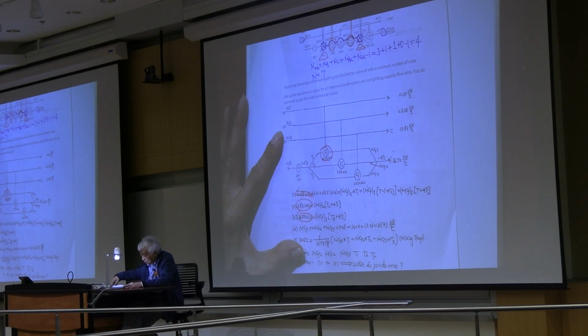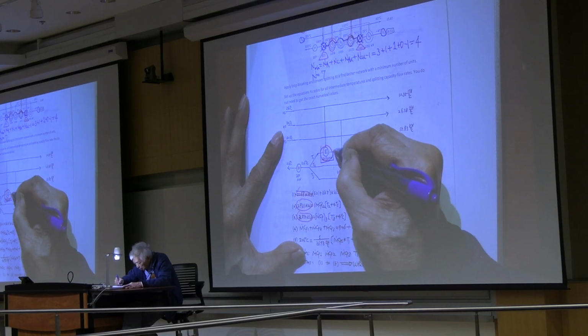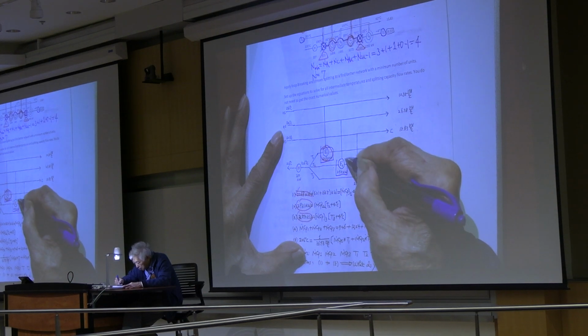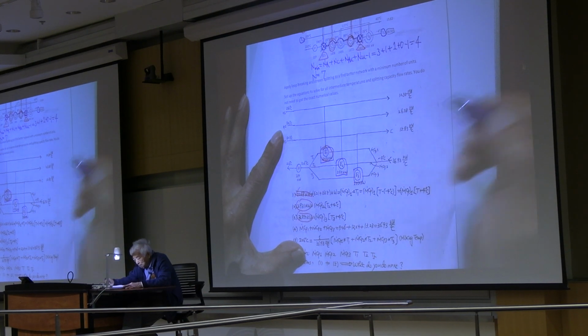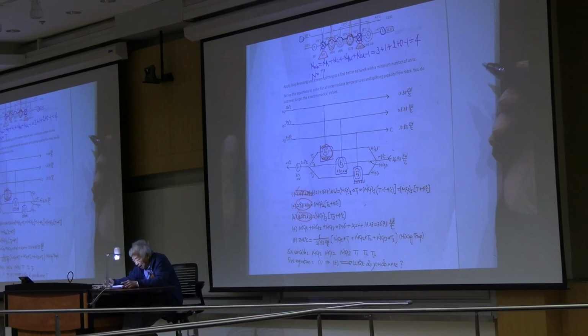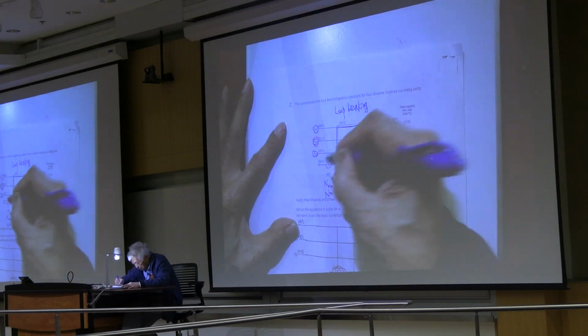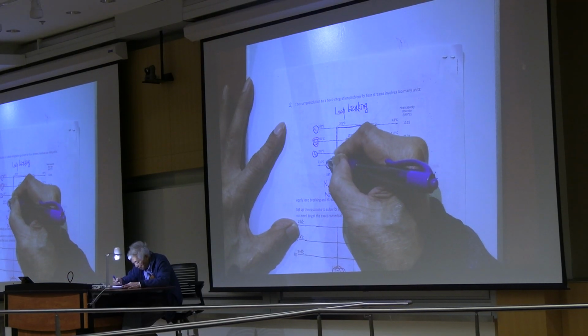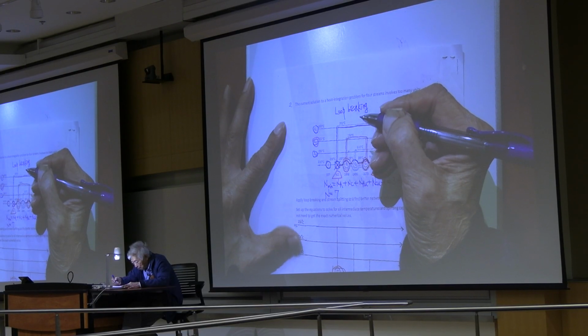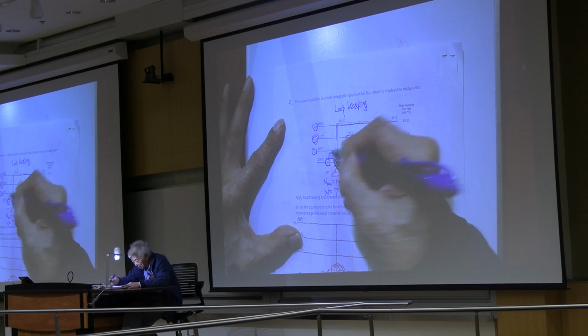So, we have the heat duty of the 3 branches. And before entering the heater, mixing temperature 206.